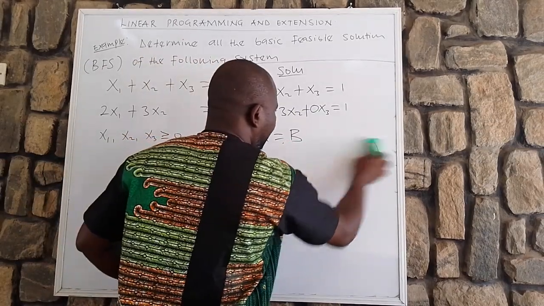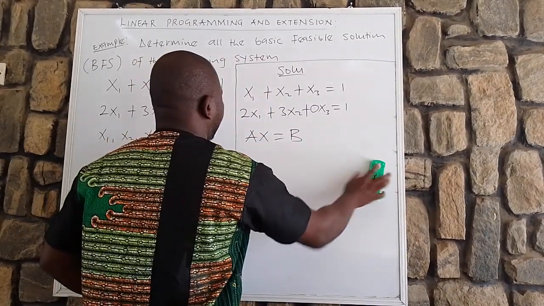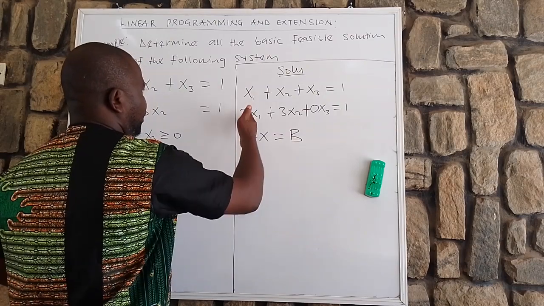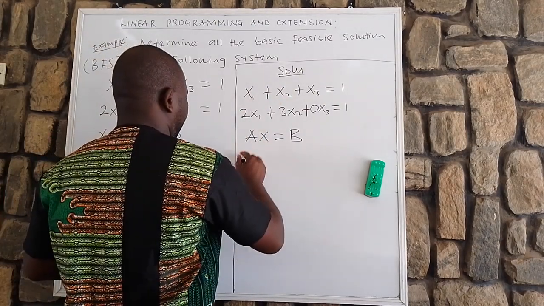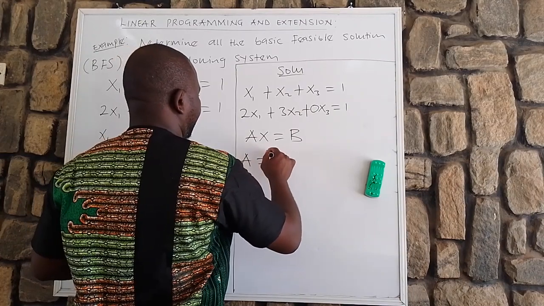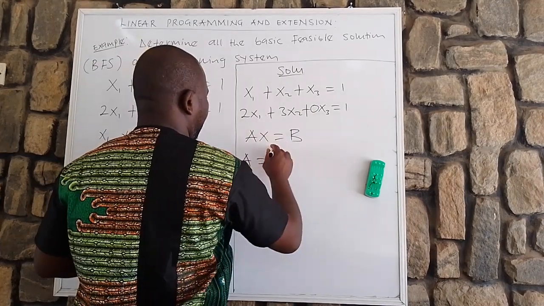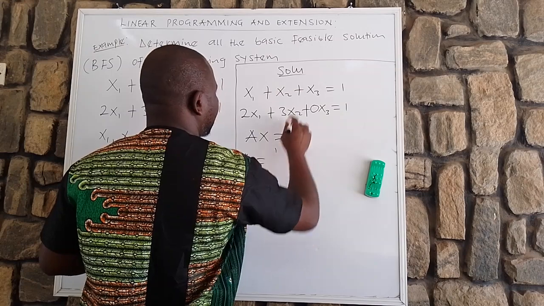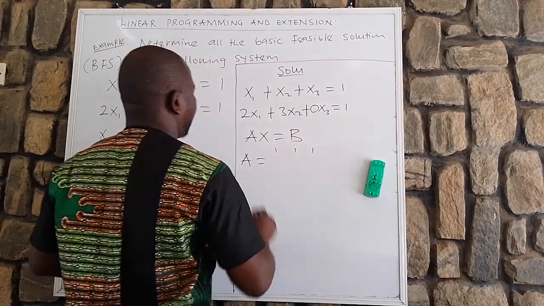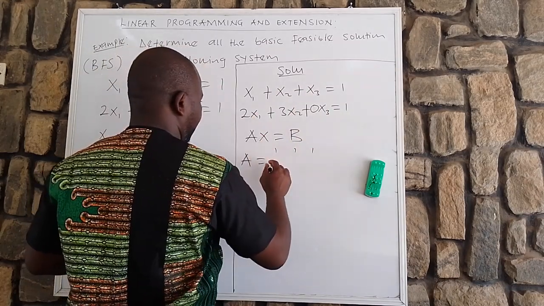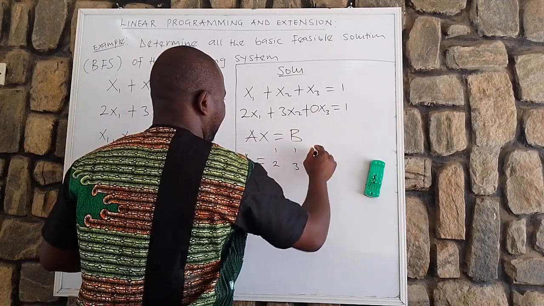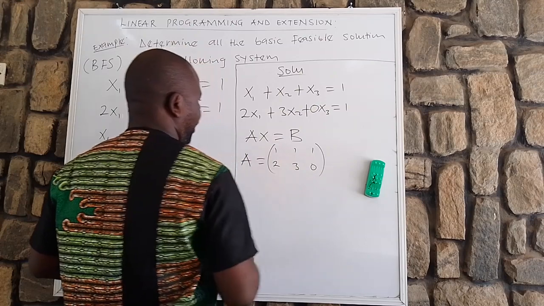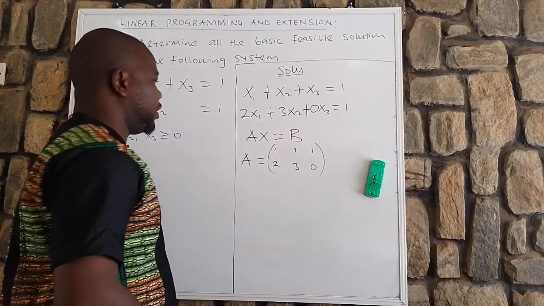If you agree with me, this is a 2 by 3 matrix, true or false? It means our A will be equal to: here is 1, here is 1, here is 1, then here is 2, here is 3, here is 0. This is a 2 by 3 matrix.